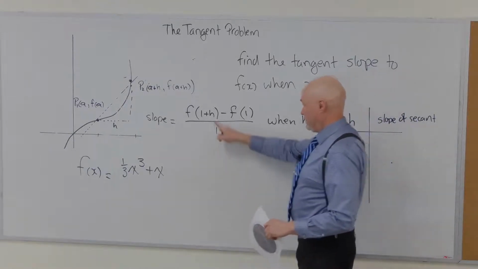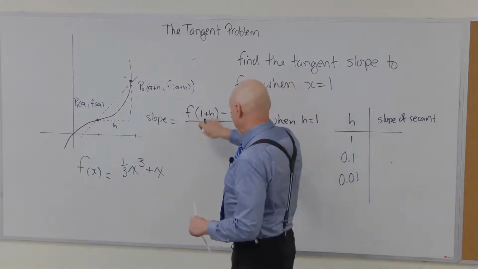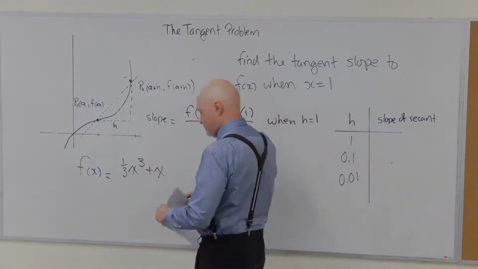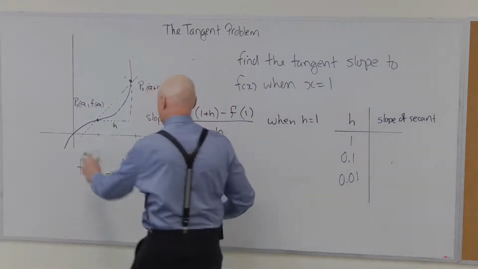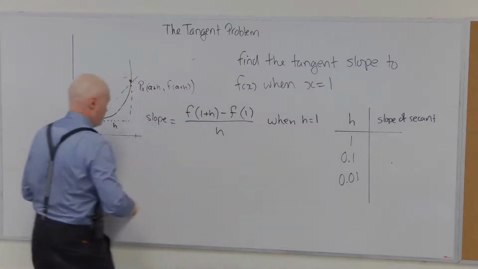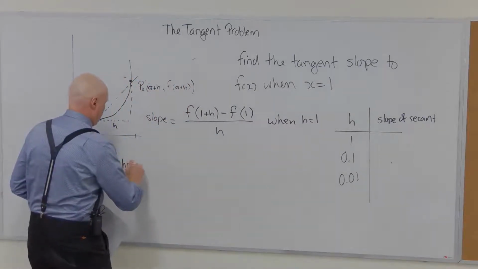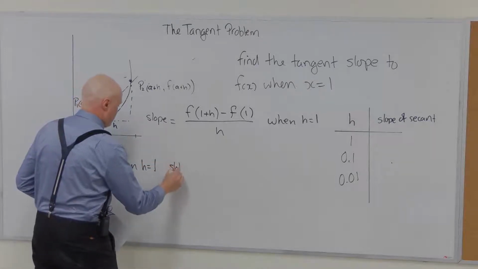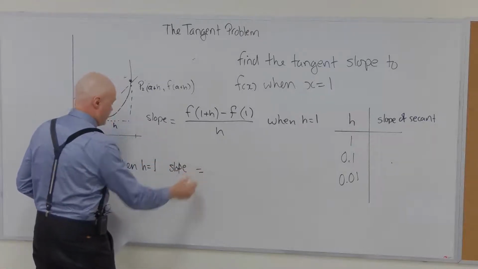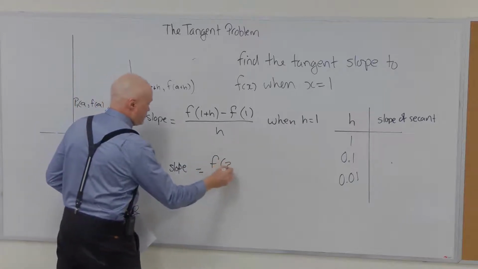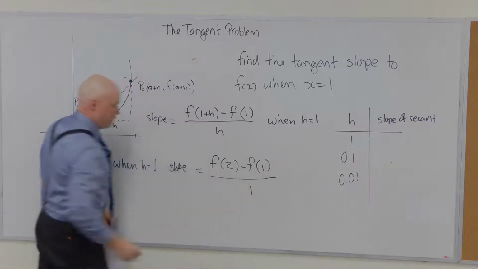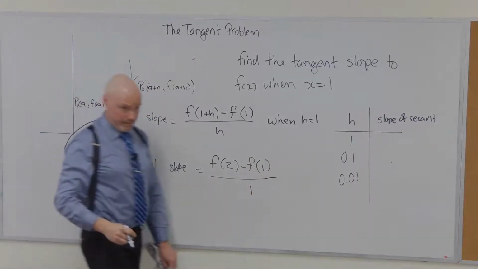So when h is 1, my slope's going to be f at 2 minus f at 1, over 1. So it's going to be super easy to calculate.